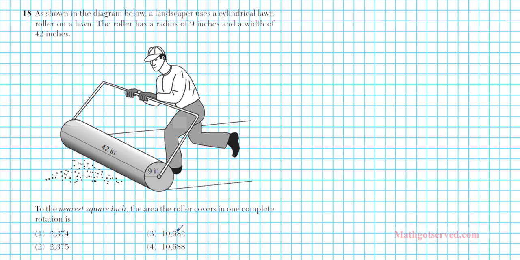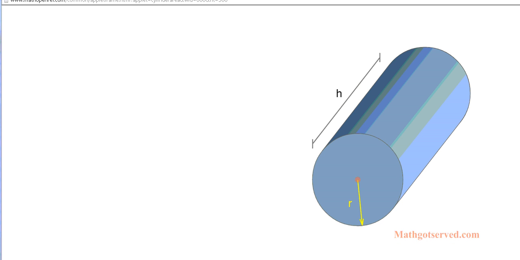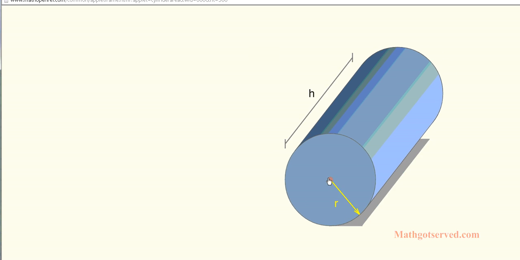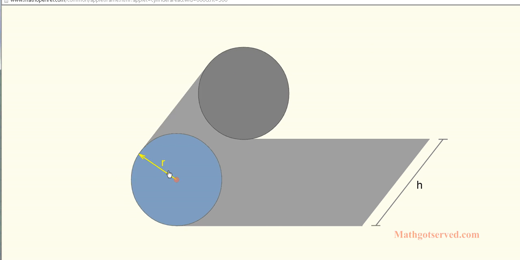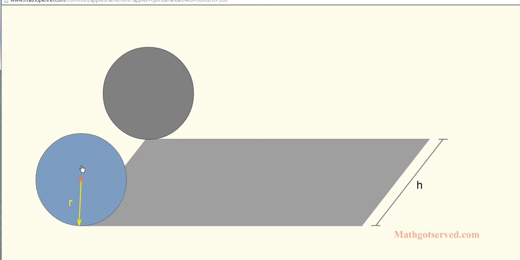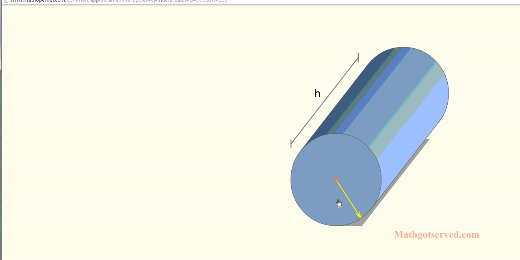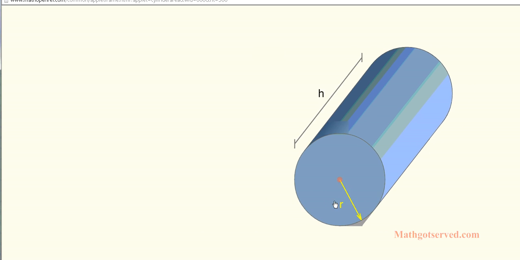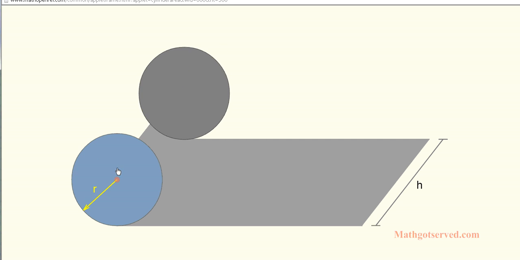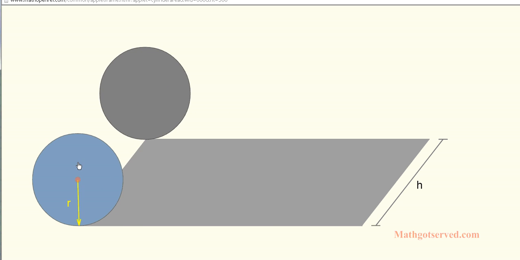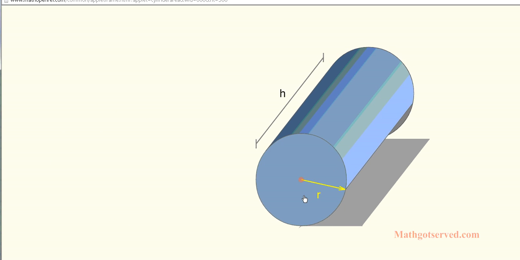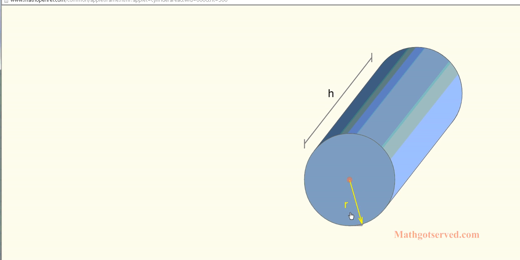Well, let me give you a visualization to help you see what is actually going on here. So let's say this is the roller for the lawn. If I roll it one complete revolution like that, what just happened? What did we just create? Well, what we're actually doing is covering an area that's equivalent to the lateral surface area of the cylinder.